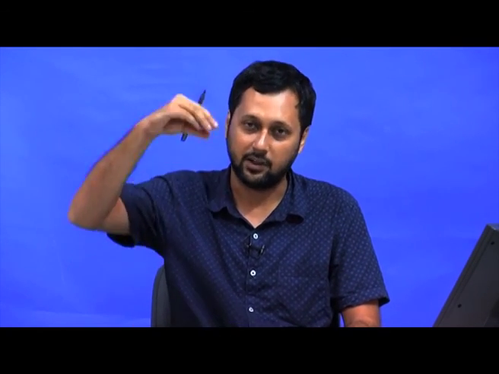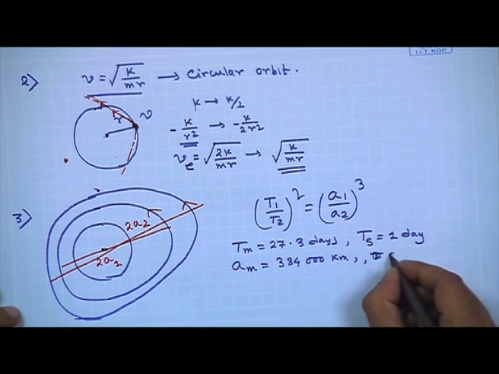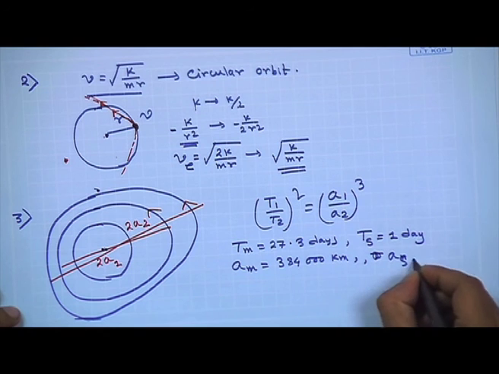So, INSAT is placed directly over India. Each country has its own geostationary orbit which will be placed directly over that particular country, and it will revolve along with it. As the Earth rotates, the satellite will also rotate along with the Earth. So, we have Ts equal to 1 day, and we have to calculate As. Okay.